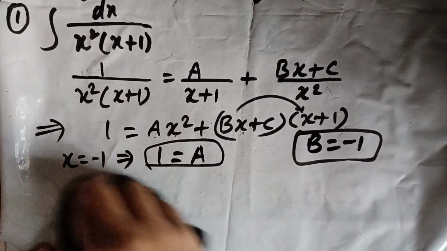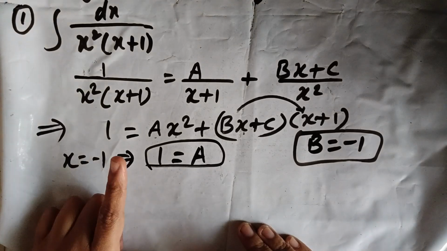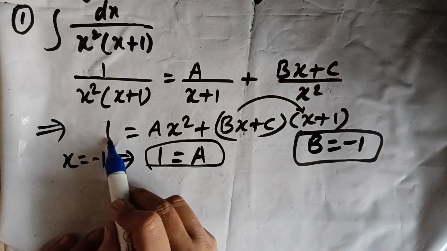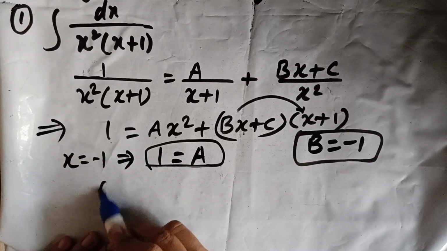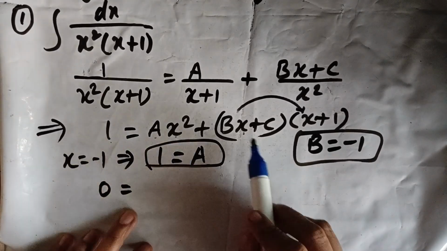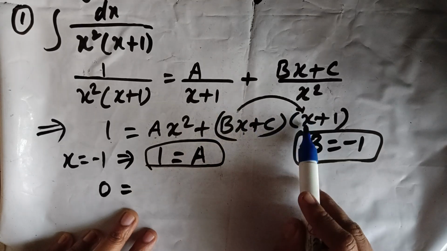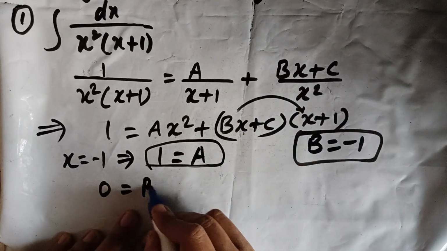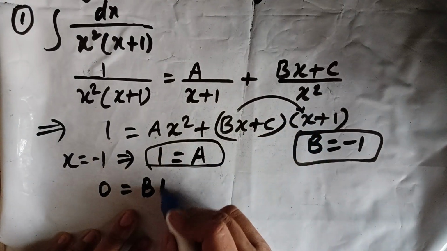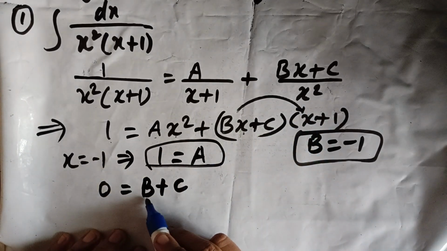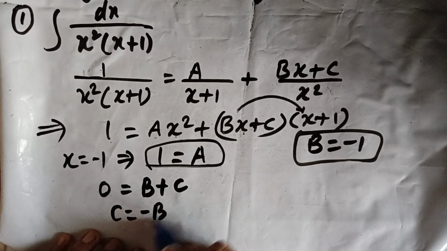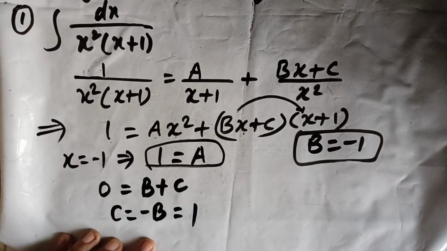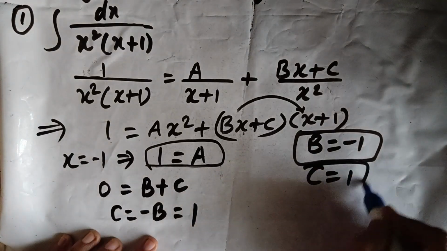Let's now compare the coefficients, we want C, right? So coefficients of x term. Here there is no x term, so 0. Here we get Bx into x, Bx square, then Bx into 1, so Bx, so B. Then C into x, C. So C is equal to minus B. And we have the value of B, so minus of minus 1, so we'll get C equal to 1.